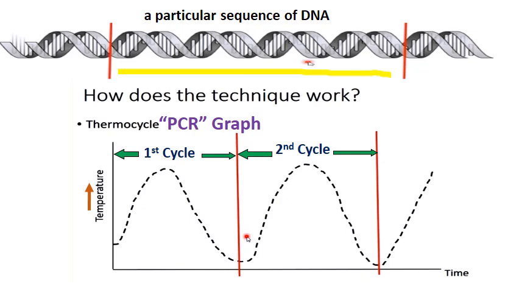Like that, from this to this, we want to increase the number of that target sequence. To carry out this process, initially we want to understand how the PCR technique works.